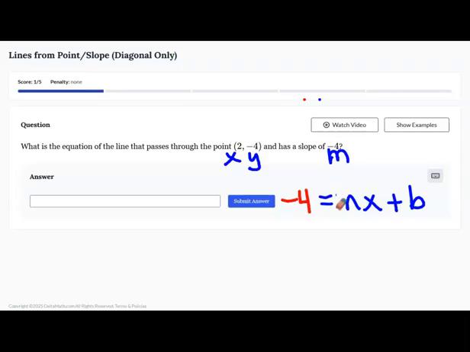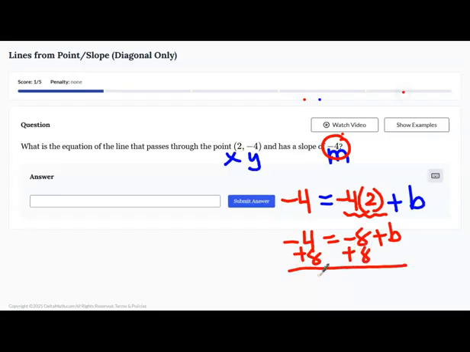We're going to erase the m and the x, and we're going to replace both of them with the appropriate number. The m is -4, the x is 2. I'm going to compute this right here, and then I'm going to solve for b. This time I'm going to add 8 to both sides and get b is equal to 4.